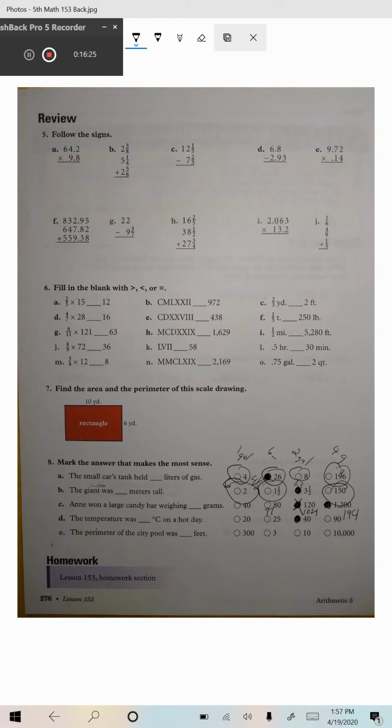40 degrees Celsius. The perimeter of a pool was how many feet? So if you have a pool and the total is 300, that would be maybe like 30 times 10 feet. That would be doable, don't you think? And 3 would be 3 times 1. That's a pretty dinky pool. 10 would be 2 times 5.